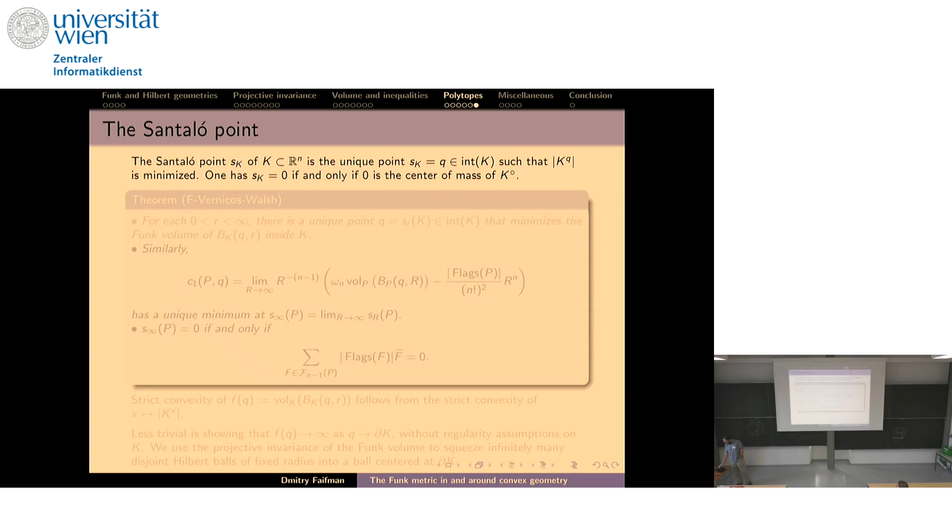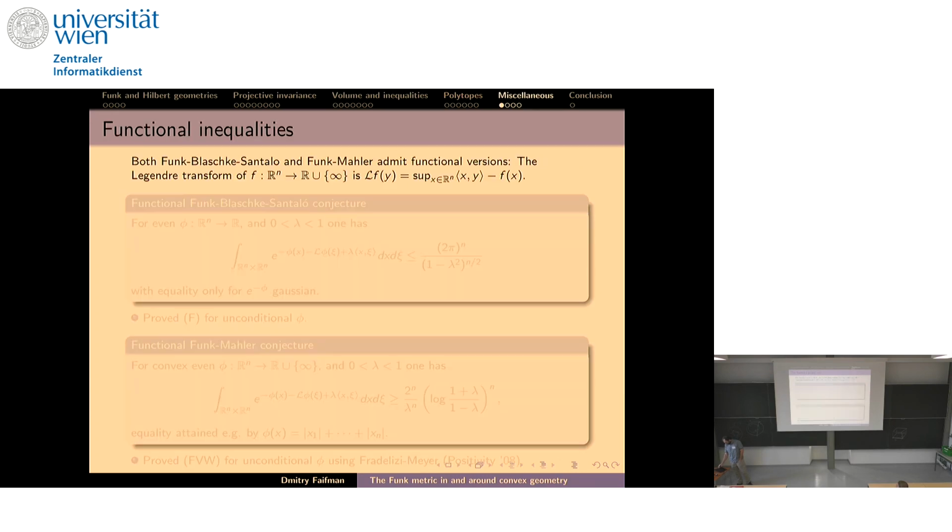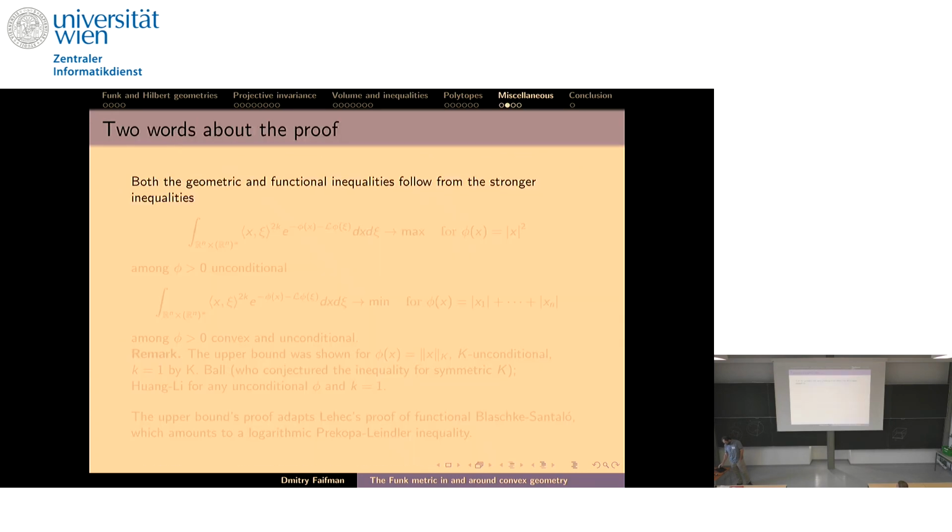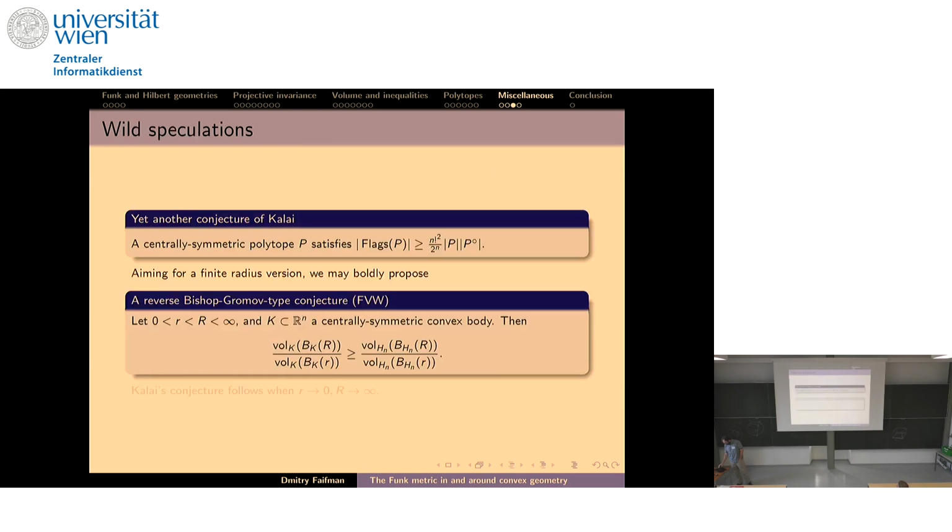Okay, let me skip this. Well, let me skip everything else, and just spend 1 more minute. I'm sorry for wild speculations. So there is another conjecture of Kalai that there is a relation between this flag number and the volume product, this inequality.